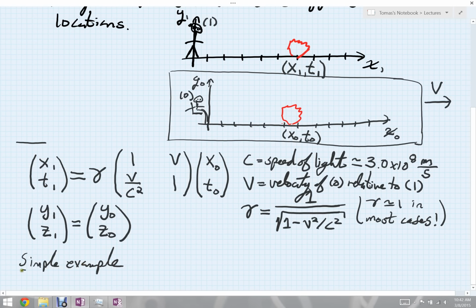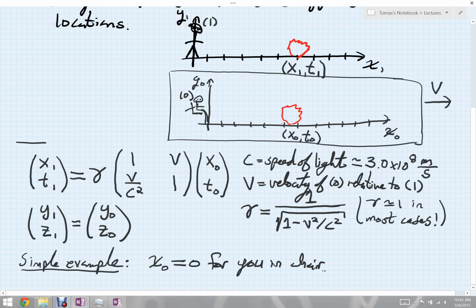Suppose, for instance, I just want to think about my observation of you. Then I know that your observation of your own position, x0, is always going to be 0 for you in your chair in your own coordinate system. You in your chair.